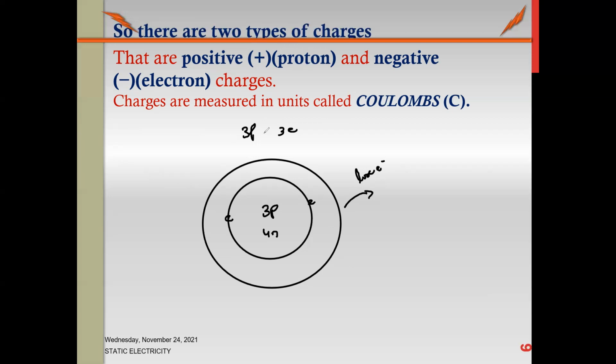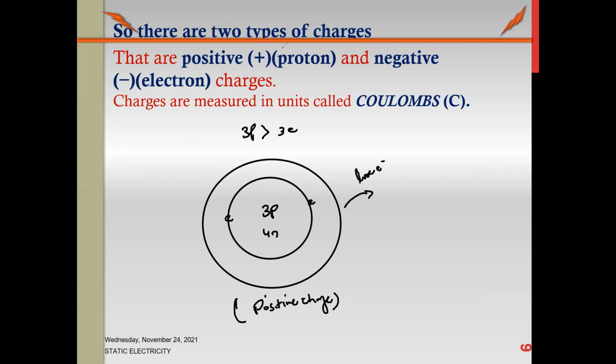So if there are more protons than electrons, what will be the net charge? It will turn into a positive charge, a positive ion. Positive charge does not mean it has only protons. It means it has protons and electrons, but more protons compared to electrons. That's why it will turn out to be a positive charge.